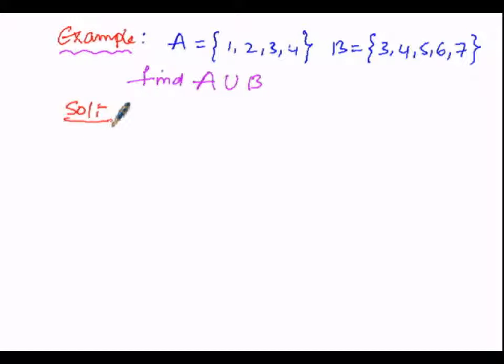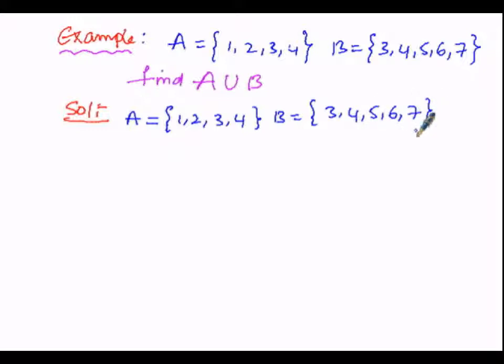As per the definition, the union of two sets is nothing but the new set, that is A union B, consisting of the elements either of set A or set B or in both. As per the problem, set A elements are 1, 2, 3, 4, and set B elements are 3, 4, 5, 6, 7.